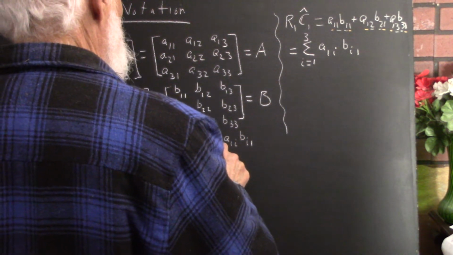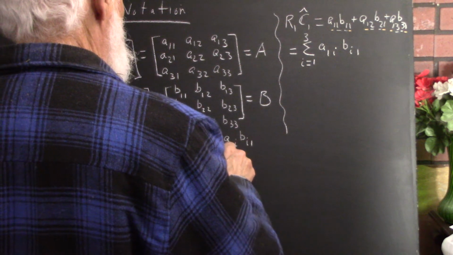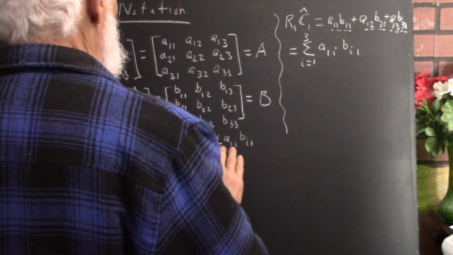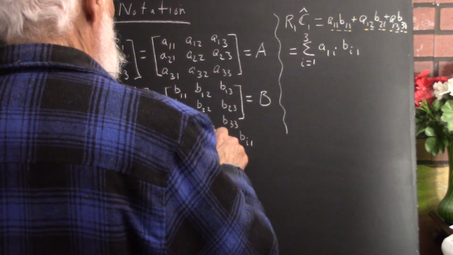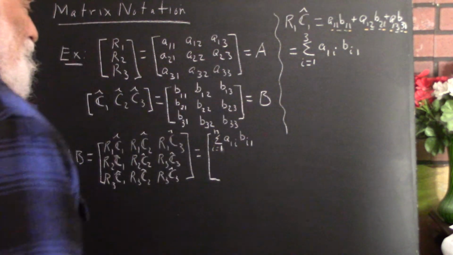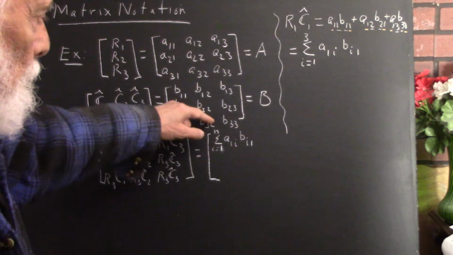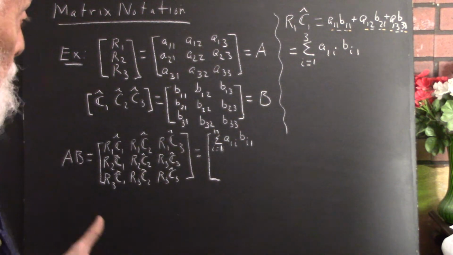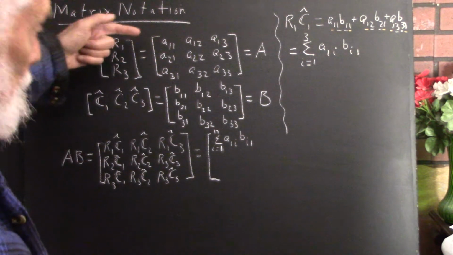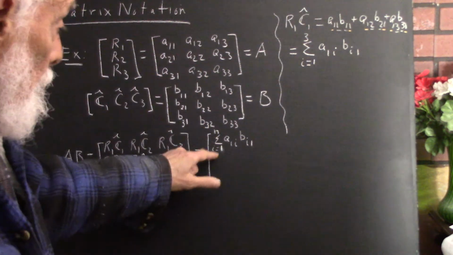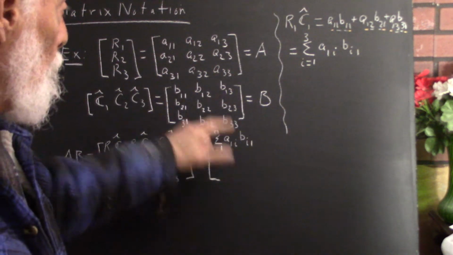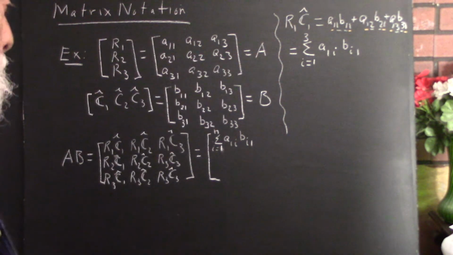And that's going to be the sum from I equals 1, got ahead of myself, I equals 1 to n. Now, I'm not always going to write out the I equals 1 to n. It's going to be understood because in every case we're multiplying 3 numbers by 3 numbers. So we're going to have 3 indexes. I is going to be 1, then it's going to be 2, then it's going to be 3.